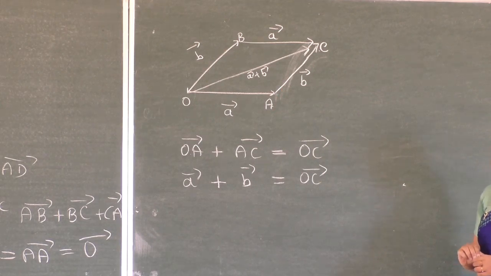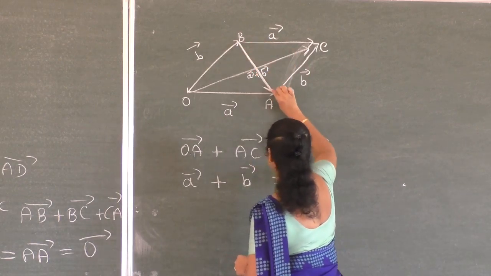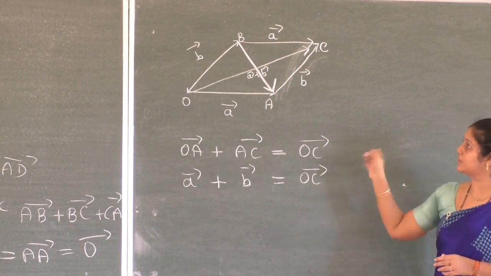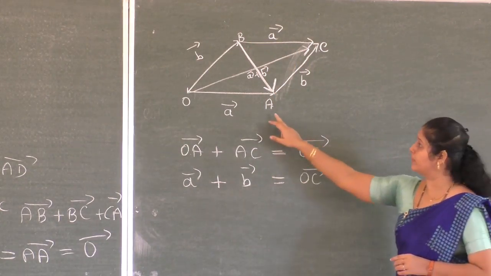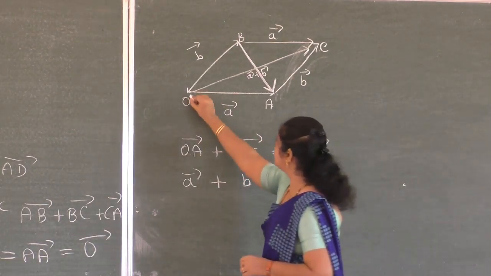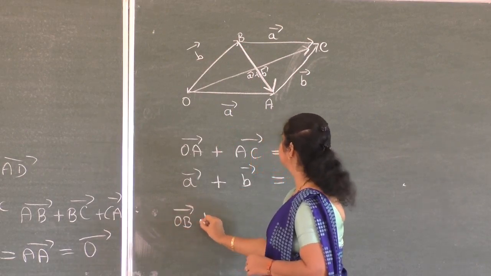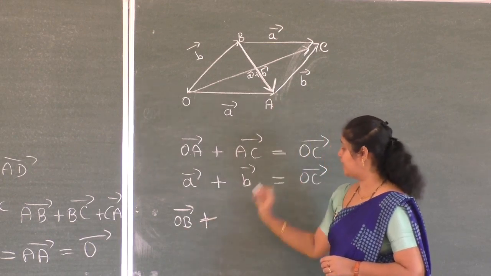Now, this is one diagonal, vector A plus vector B. Then what about the other diagonal, vector BA? Let us see what this other diagonal, vector BA, is. Applying the triangle law of vector addition, we write vector OB plus vector BA.